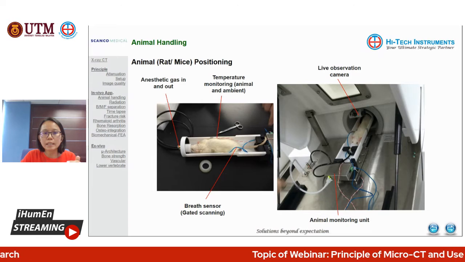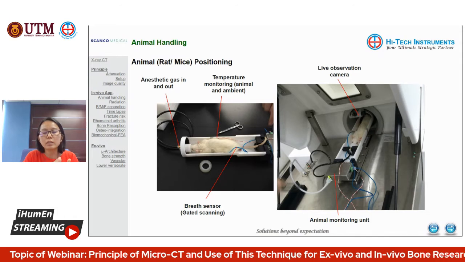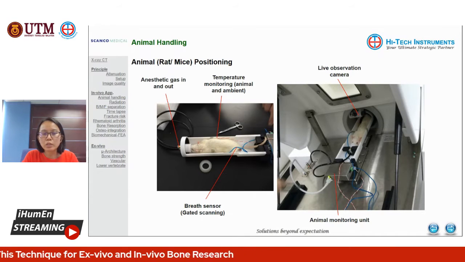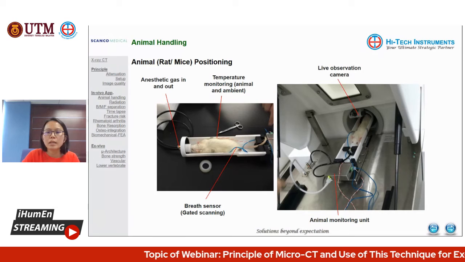So it will make the animal lose consciousness in a very short time, and the durability of this ketamine is quite good. It can keep the animal unconscious for quite a long time, like it can go up to half an hour or 45 minutes or so. Depends on the dosage, of course.